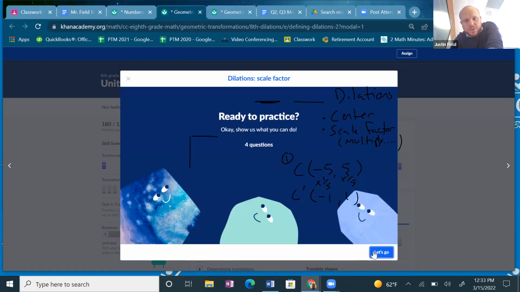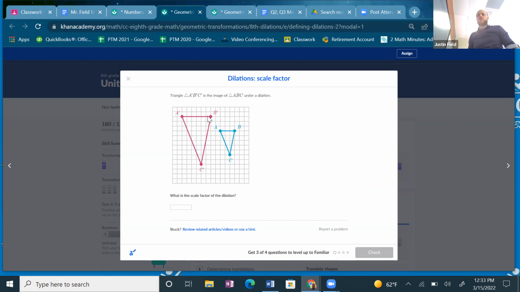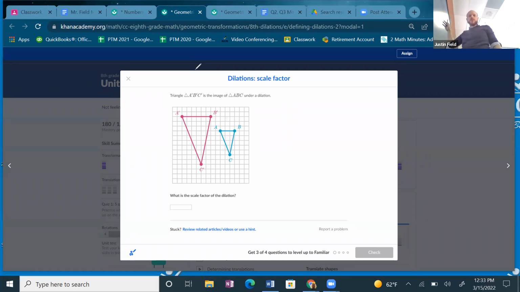Now when it comes to scale factor, we can look and see what the scale factor is. This is shapes, and we're going to dilate shapes, triangles, next week. Maybe you could look at it this week if you want to see what's coming up. If you're trying to figure out the scale factor, like how much bigger is that red triangle than the blue triangle, you can find a side and count, or use the distance formula to find the length of an oblique or diagonal side.